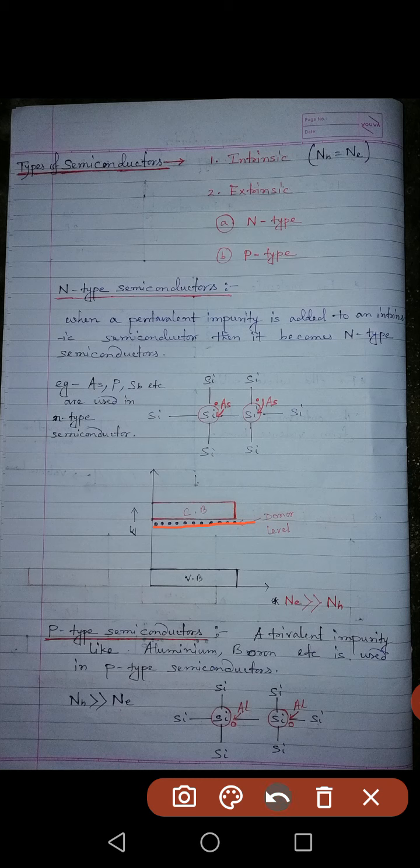Sometimes you may be asked to draw this graph showing the donor level and acceptor level in p-type and n-type semiconductors. The donor level is found in the n-type semiconductor, and it represents the level of electrons obtained from these impurities.